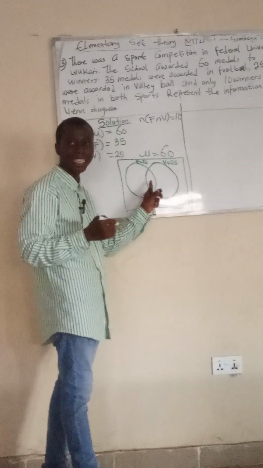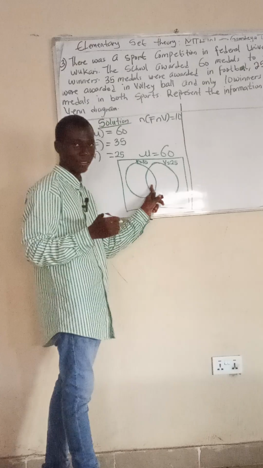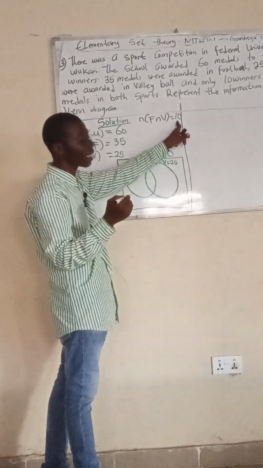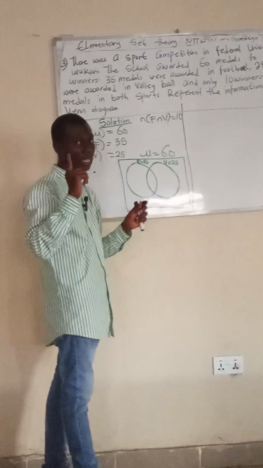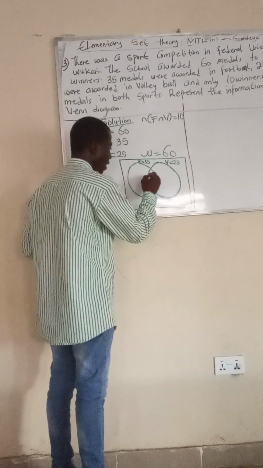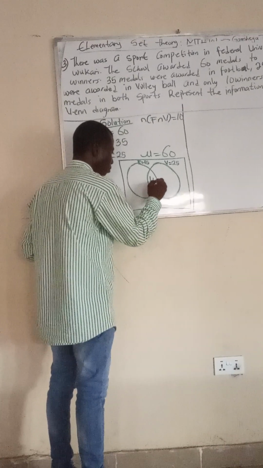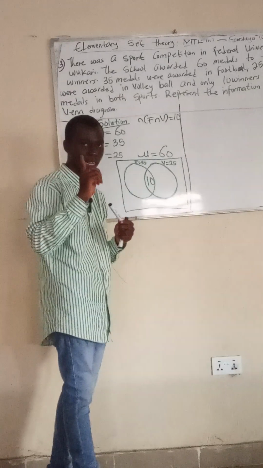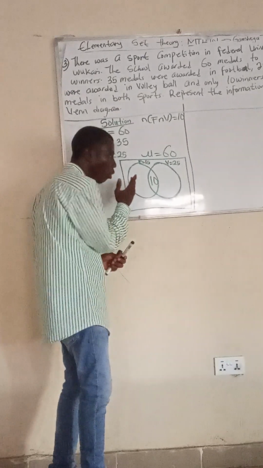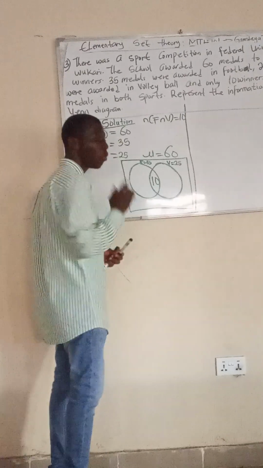We have an intersecting set, that's why I intersected them here. What is intersecting them? We have 10. Keep that in mind. The intersecting number is 10. 10 winners got medals in both football and volleyball.